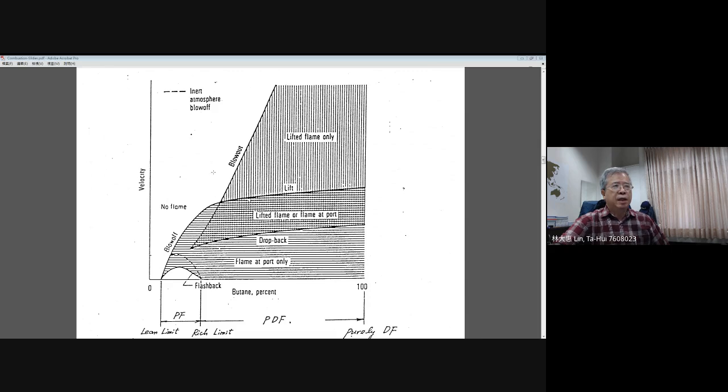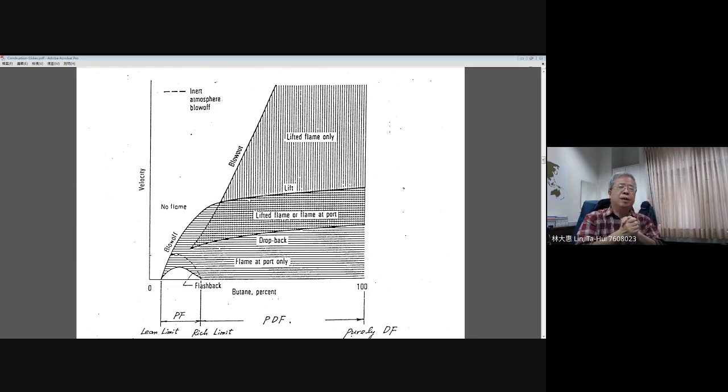Okay, in this part, they show you the stabilization limits for a jet impinging into the air environment. Remember, air environment means that you will have additional oxygen in the environment for the extra burning, for diffusion burning, if the burning is under rich conditions. You should remember this.